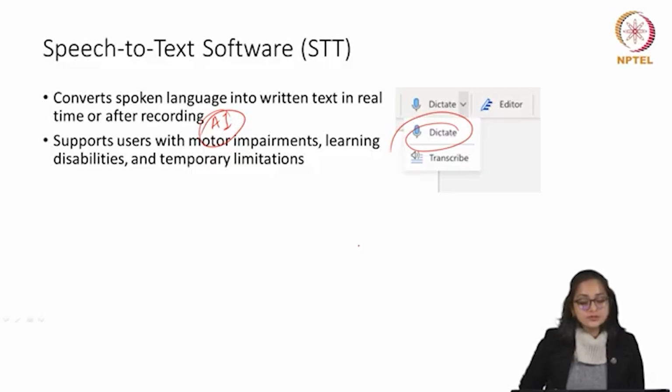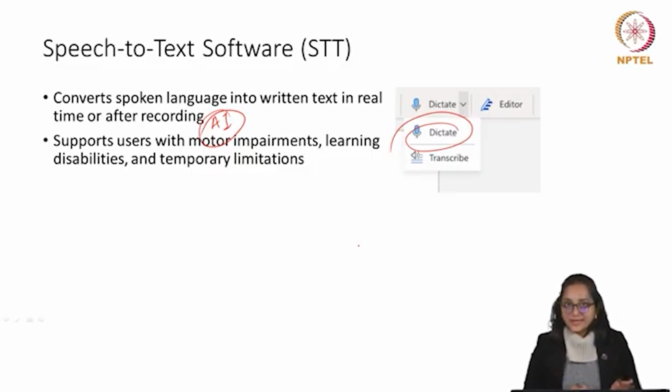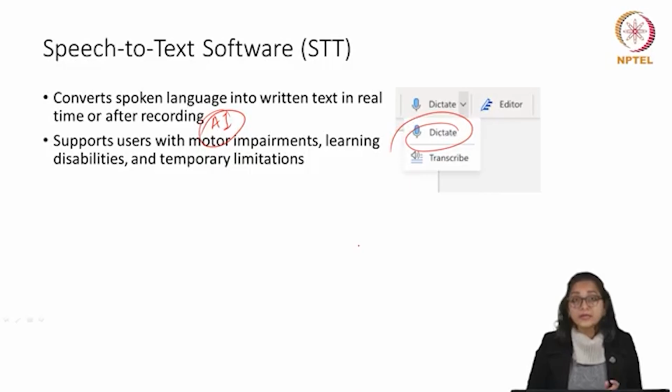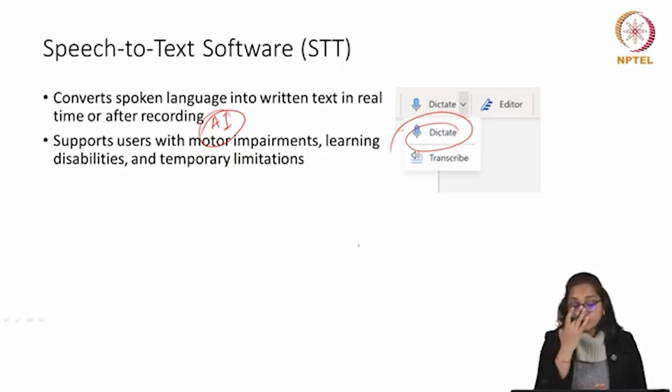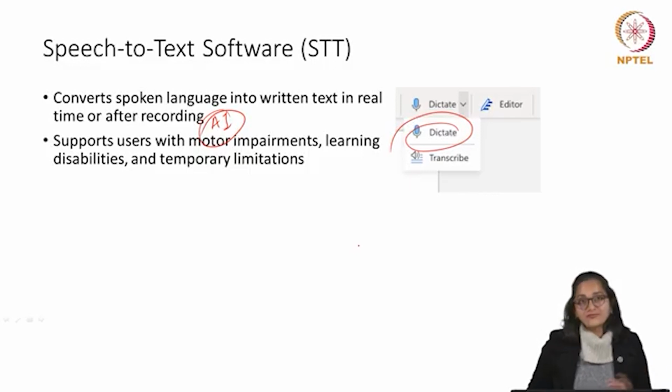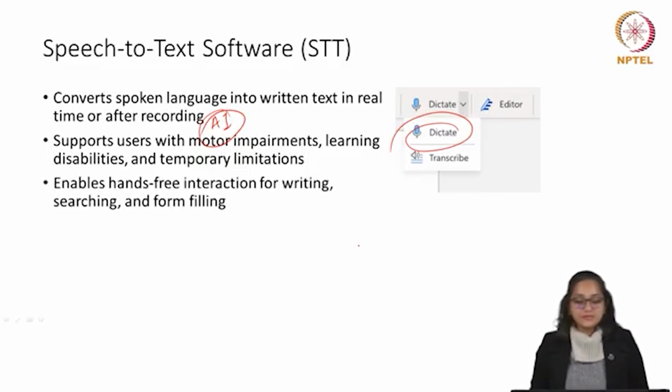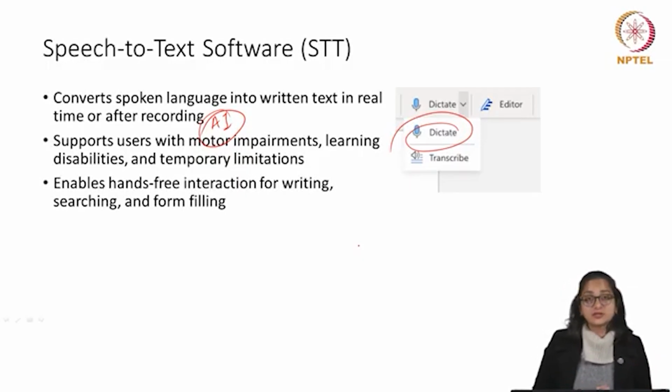It supports users with motor impairments who cannot type quickly, or learning disabilities who may have dyslexia. It may be difficult to find the letters on the keyboard or type in real time and check what is written, or they may have temporary limitations. It enables hands-free interaction for writing, searching, or form filling.